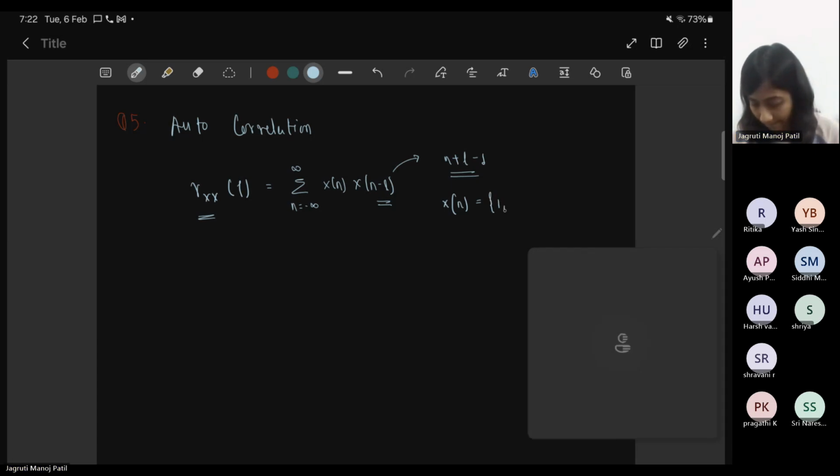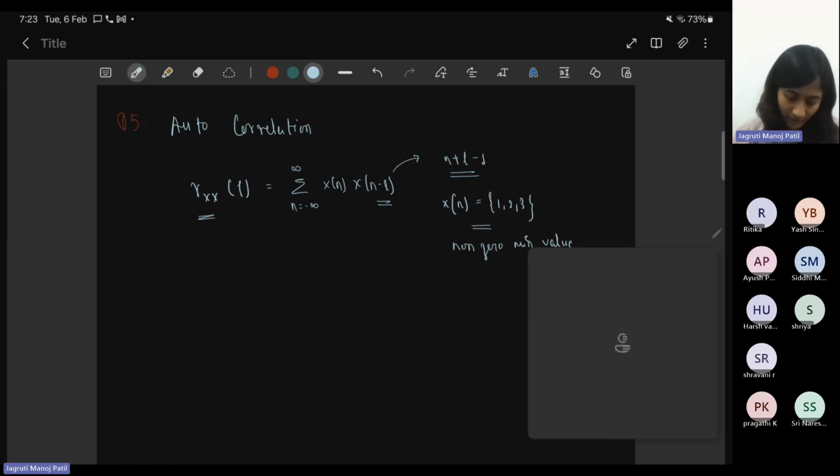What we're told is that we need to find the non-zero minimum value of the normalized autocorrelation function after doing this normalized autocorrelation. So how are we defining this normalized autocorrelation? Is it by this?